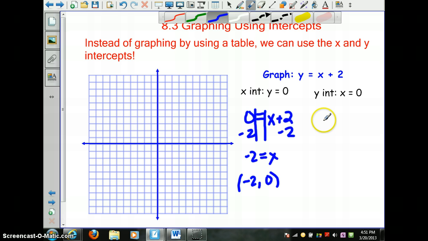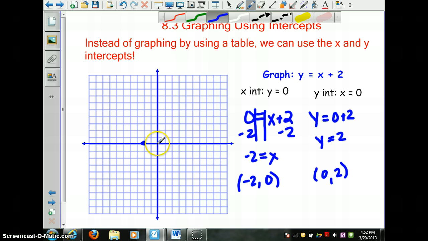And our y-intercept is when we plug in 0 for x. So we have y equals 0 plus 2. So y equals 2. And this point will be 0, comma 2. So then we have these 2 points that we can graph. So negative 2, comma 0, 1, 2.